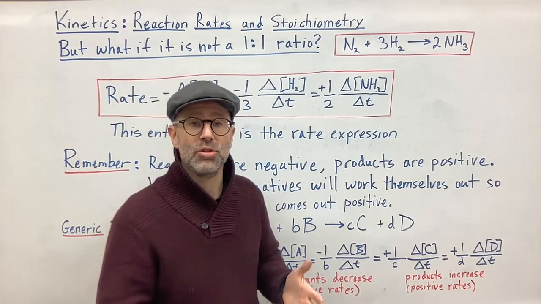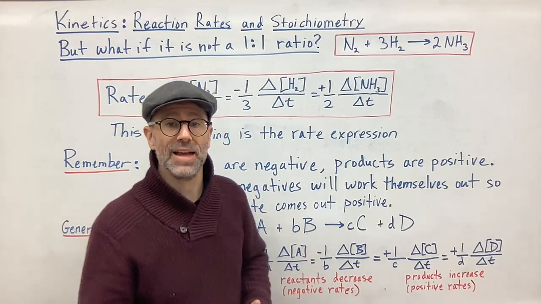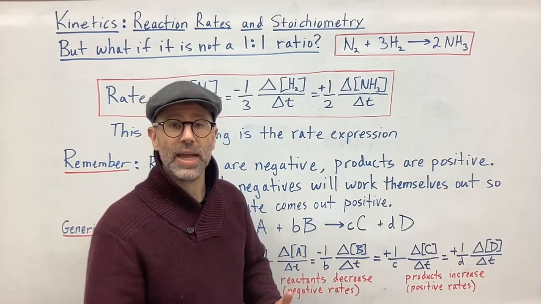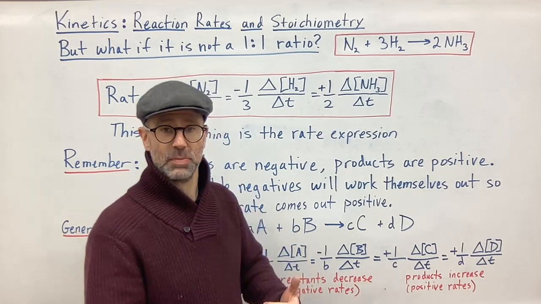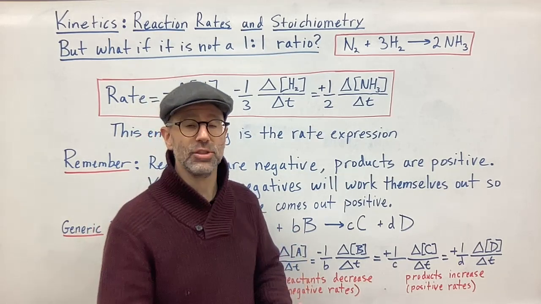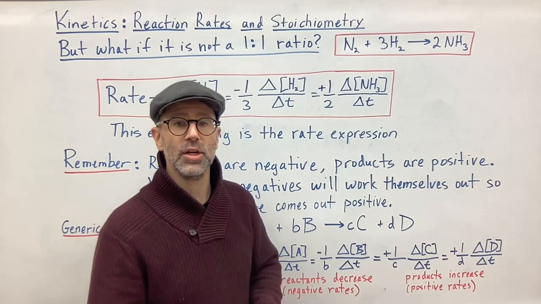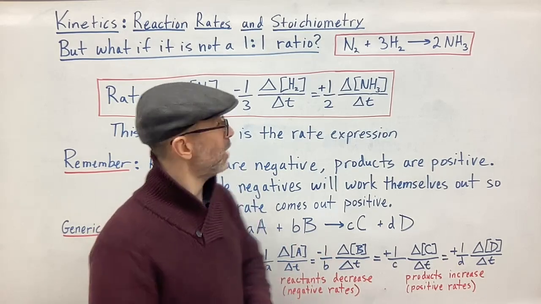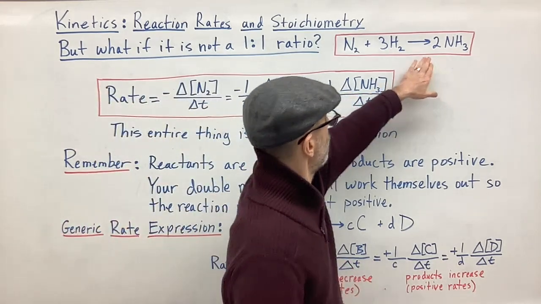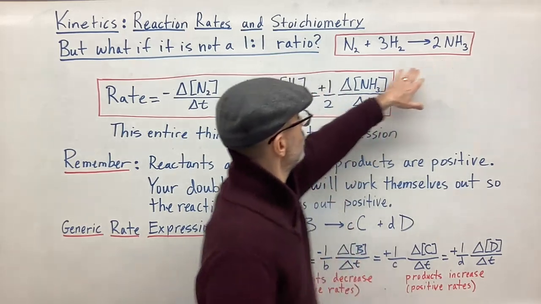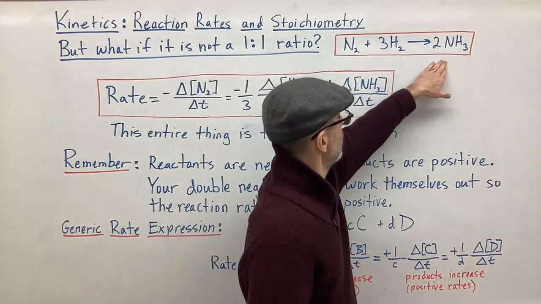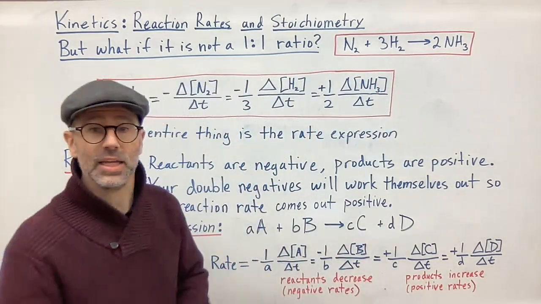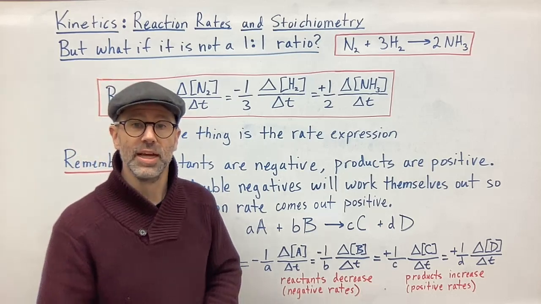So in order to express both of those so that they both represent the rate of the reaction, we have to divide the expression for the rate of disappearance of hydrogen over time by 3, so that it will be equal to the rate at which nitrogen is disappearing. And we also need to divide by 2, so that the rate of production of ammonia is equal to that of the disappearance of nitrogen as well.